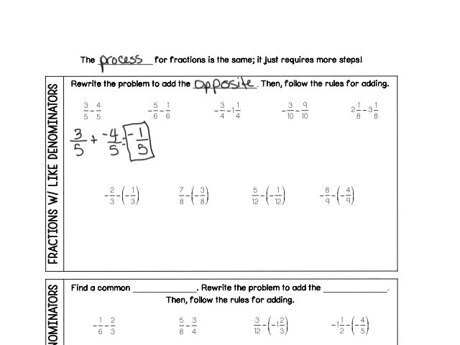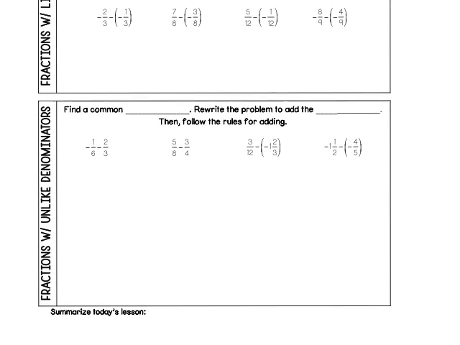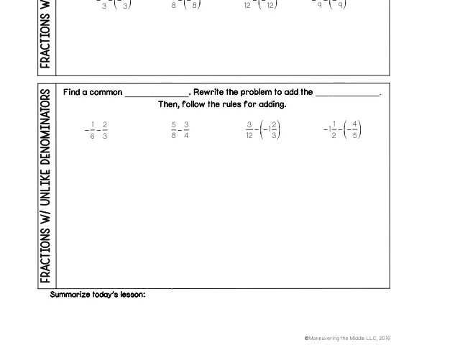And then we're going to come down here. Find a common denominator. Rewrite the problem to add the opposite. Then follow the rules for adding. So we can use 6 as the common denominator here.